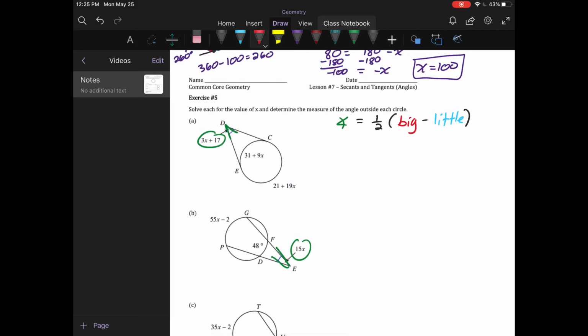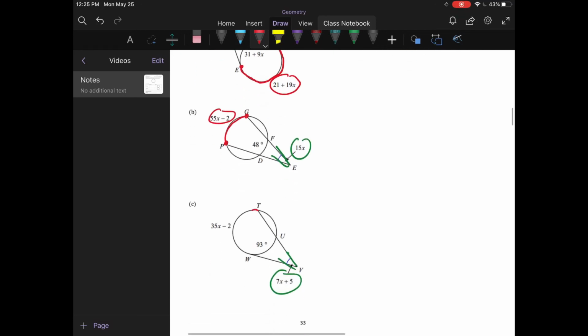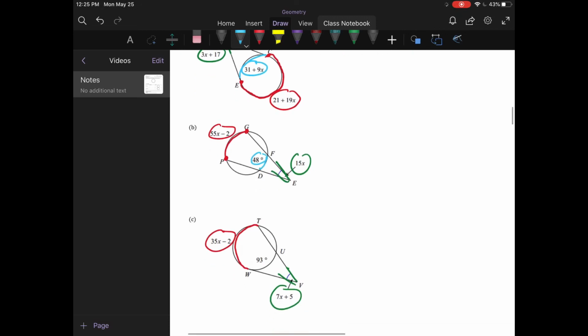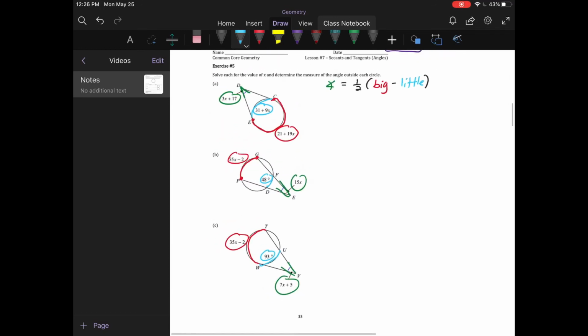The big arc is where you've got your 2 points here and you connect, and that's this. For this one, it's this arc. And for this one, it's this piece. And then the small arc is this piece. Okay, so you're going to take all that and plug it into this formula.